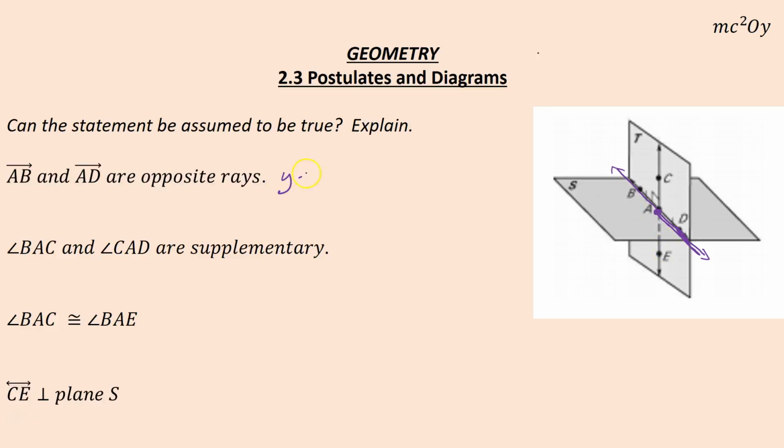So yes, ray AB and ray AD start at the same point and extend in opposite directions, is one way to describe it.